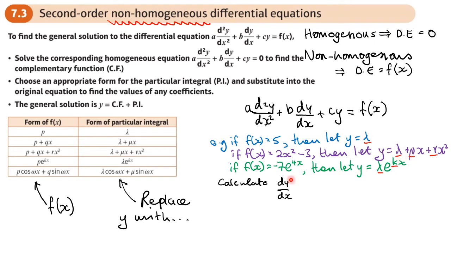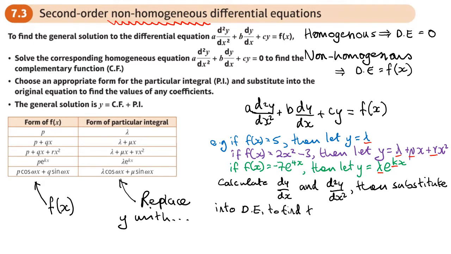We'll talk all about this in a moment. So we'll calculate dy dx and d squared y over dx squared, then substitute into the differential equation to find the unknowns.